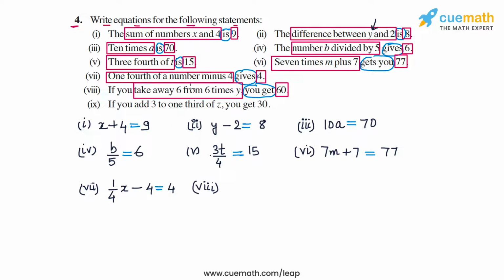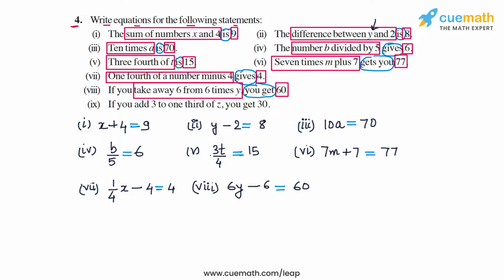Now take away 6 from 6 times y. How do you write this as an expression? So 6 times y is 6y, and take away 6 from this number, so 6y minus 6, and this gives you 60. So on the RHS we will have 60. So 6y minus 6 is equal to 60 is your equation in part 8.